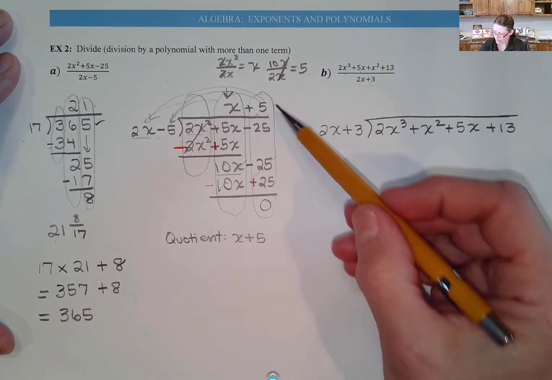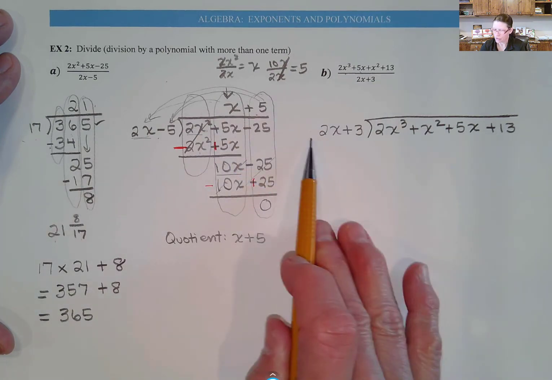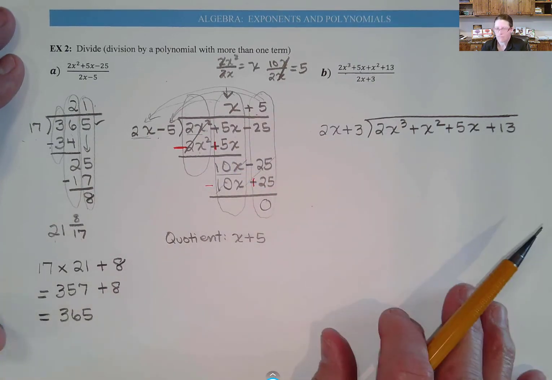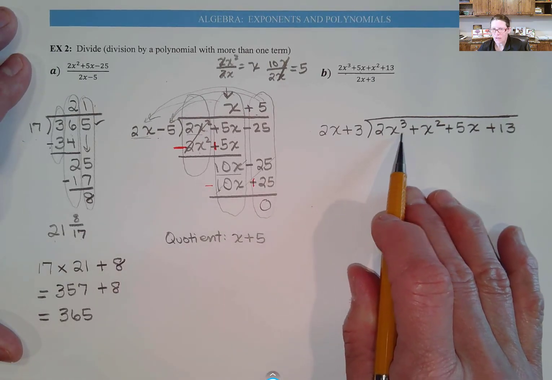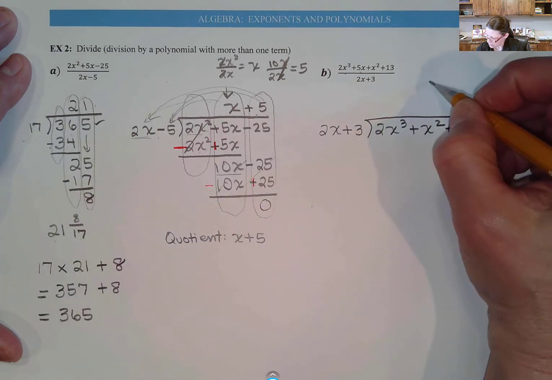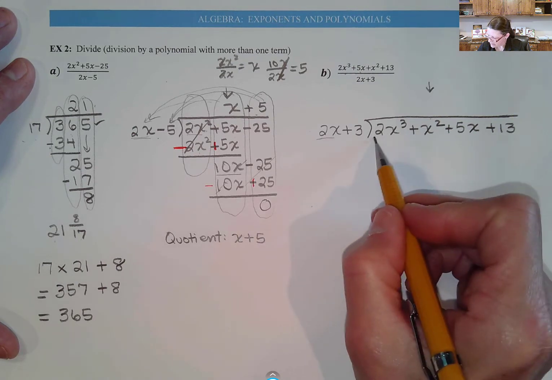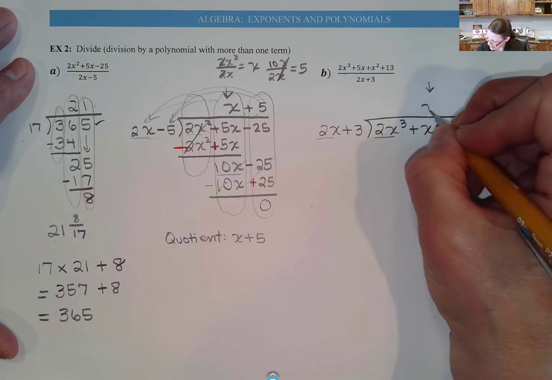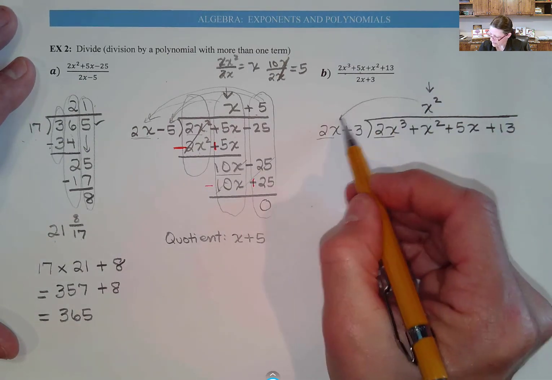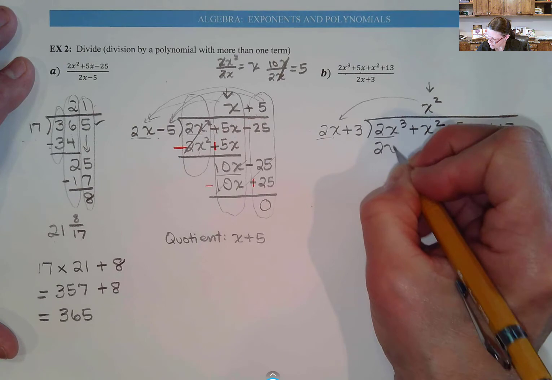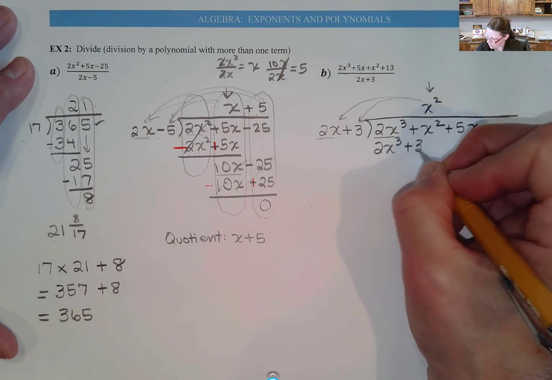Okay, so we do want to keep like terms in the same columns, so always write your terms in decreasing degree order. 2x plus 3 divides into 2x to the third plus x squared. Okay, 2 terms into 2 terms, so we'll start our answer right here. 2x divides into 2x to the third x squared times. Multiply back. X squared times 2x is 2x to the third. X squared times 3 is 3x squared.